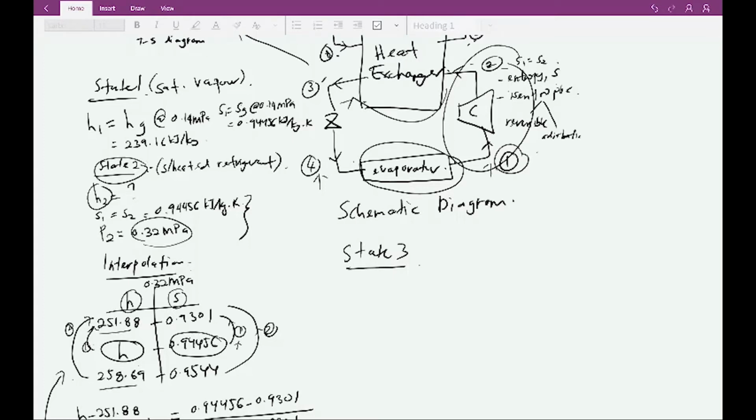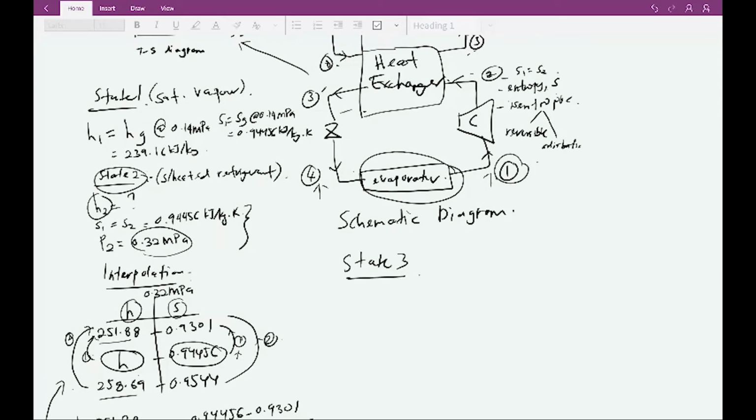After it exits the condenser, if it is fully condensed, it will be in the saturated liquid state. So state 3 is saturated liquid because all of the vapor is fully condensed. State 3 is quite straightforward compared to state 2 because state 3 is saturated.